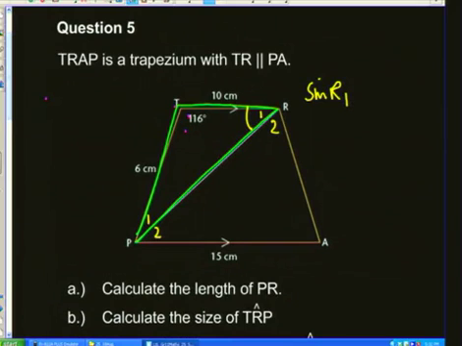It's sitting opposite 6, so it's sitting opposite TP. And that will be the same as, now remember, if you're doing a sine over a side, you need to keep the other ratio in the same order, sine over side. So it will be the sine of 116, which is sine T, divided by the side that's opposite that, which is what we've just worked out, which is PR.